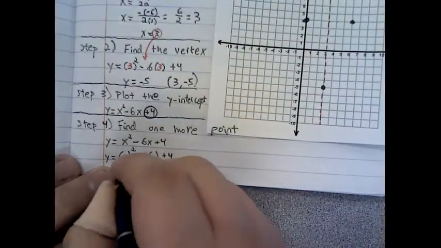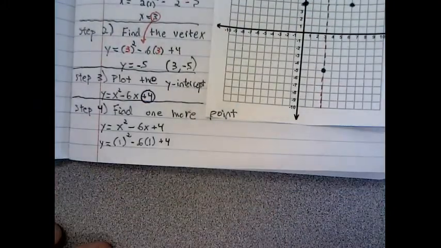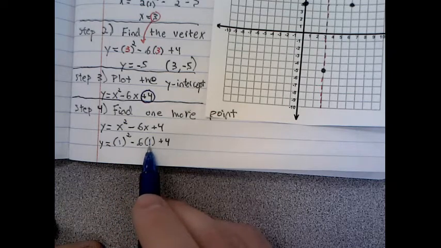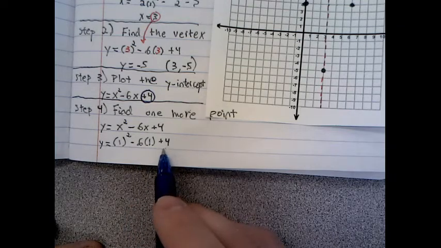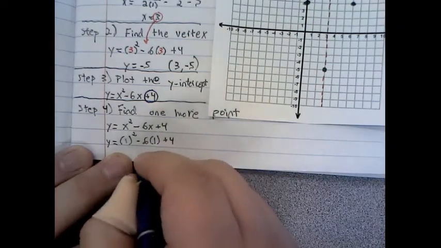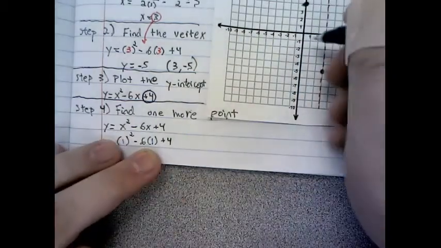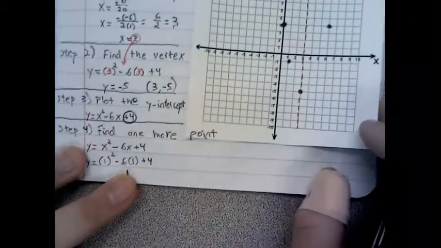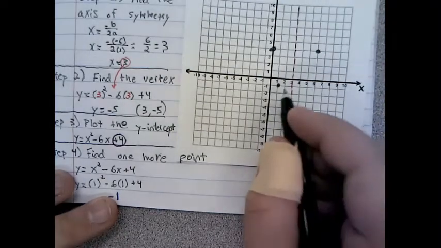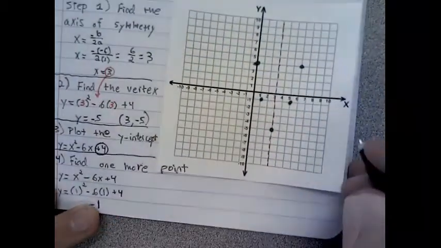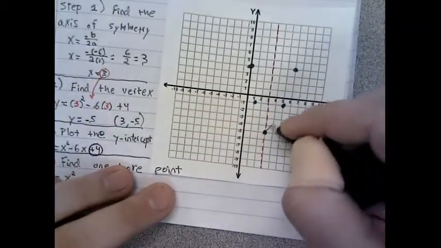If I insert 1 for x, I have 1 squared, which is 1, minus 6 times 1. So 1 minus 6 is negative 5, and then plus 4 gives me a y value of negative 1. So I plot the point 1, negative 1, which is right here. And I know they're symmetrical, so if this is 2 away, then it's also 2 away over here. And all of a sudden I've got a U shape that formed pretty well.